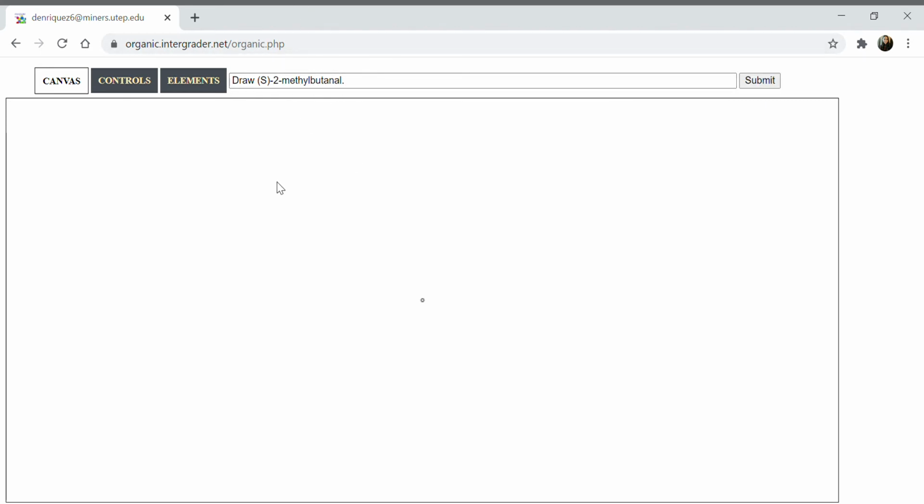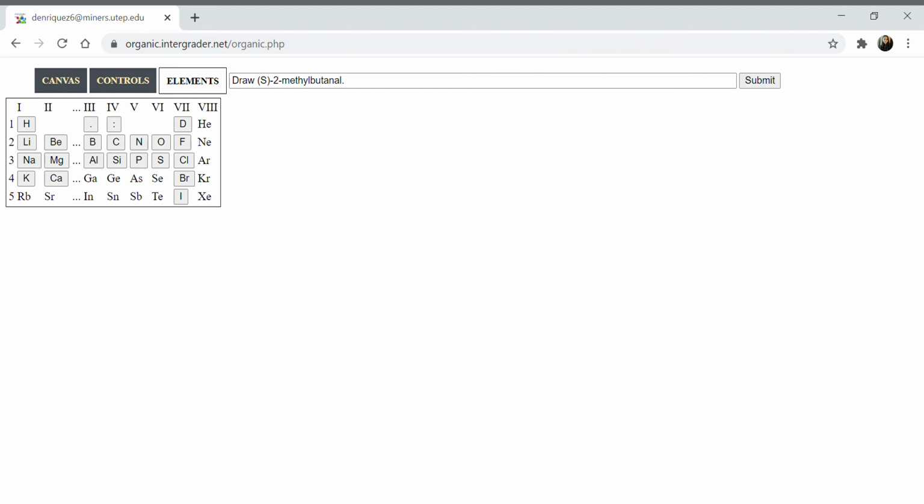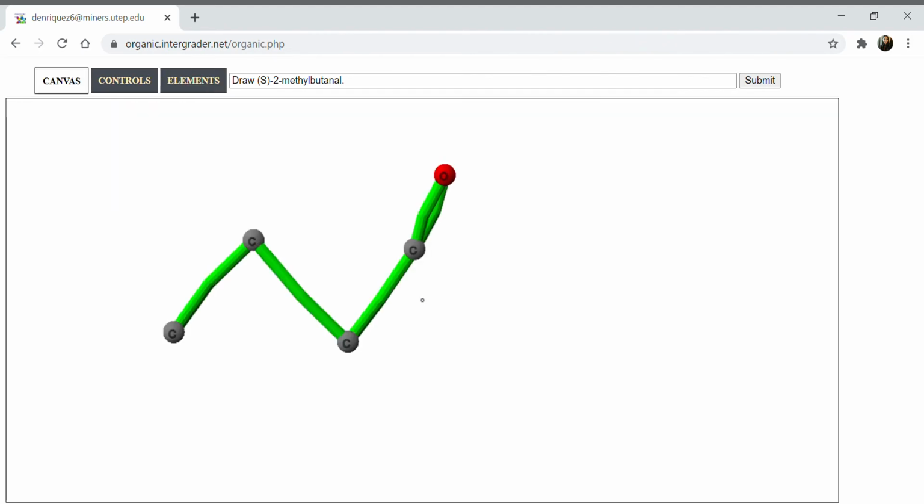So you're going to start by drawing butane, and then it's an aldehyde for the -al, so we double bond that to an oxygen, and then now we add our methyl group. That's at the 2 position. We start counting here because oxygen is highest priority. 1, 2.